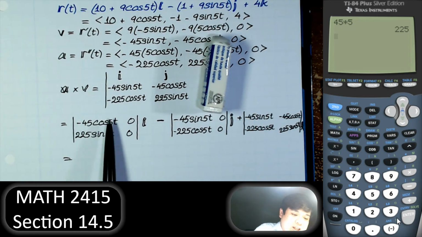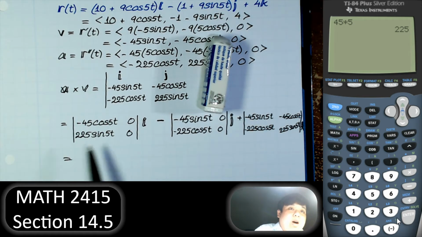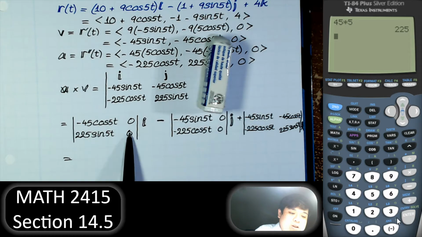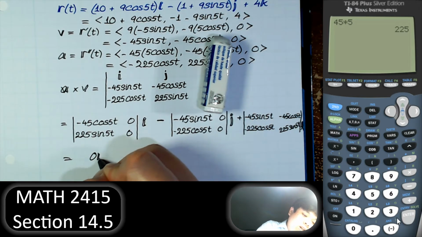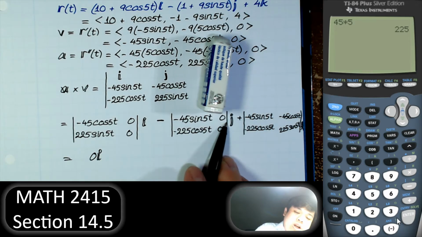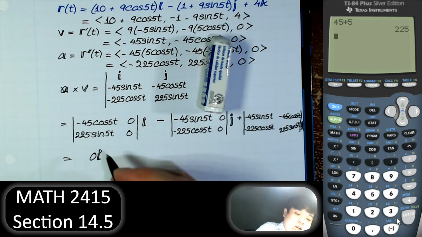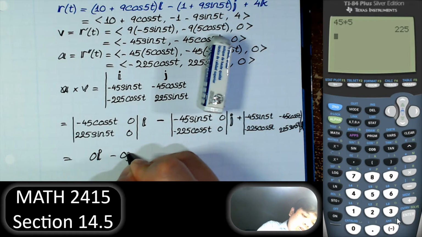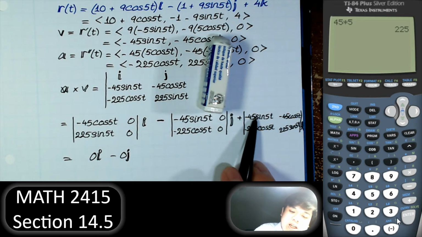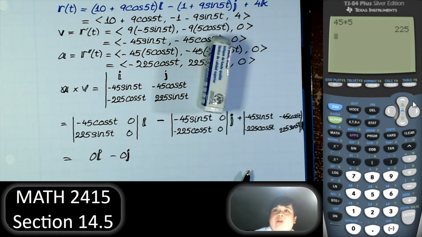Right. Next, cross multiply and subtract, multiply that to that, 0, subtract that, still 0. So I have nothing in the I component. J, once again we have 0, and K, 45 times 225.